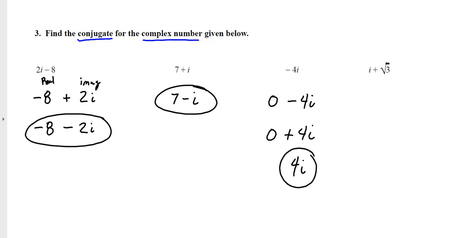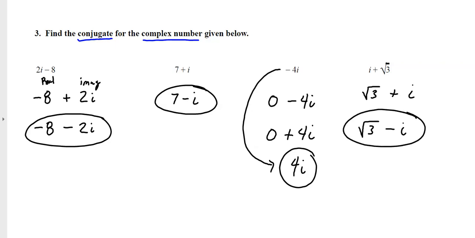So you might see a shortcut: if it's negative 4i, I just change it, since it's just the imaginary part. This top one, since it's plus, I'm going to do the real part plus the imaginary part. So the conjugate is going to be the same real, opposite imaginary.